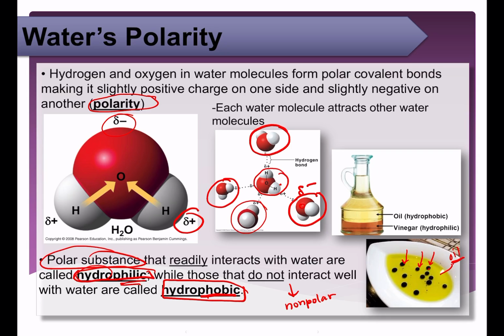Oil doesn't like water, hydrophobic. Vinegar is hydrophilic, which is why you have this separation of the two phases of molecules. And that's why they say water and oil don't mix, because they don't interact with each other. Water only interacts with things that are polar, or if they are ions.